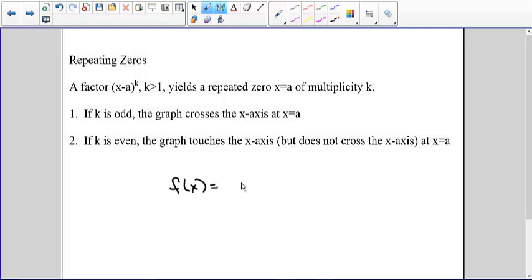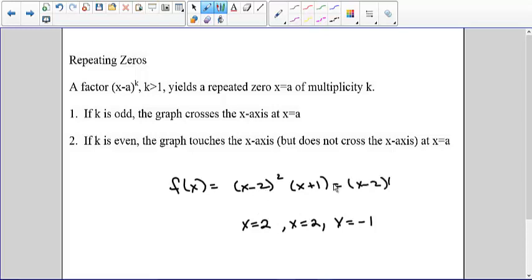So here's the factored version of the function: x minus 2 squared times x plus 1. So this has 3 real zeros. One is x equals 2, the second one is x equals 2, and the third one is x equals negative 1. You can see, because I've got x minus 2 squared, I could say it's x minus 2 times x minus 2 times x plus 1.